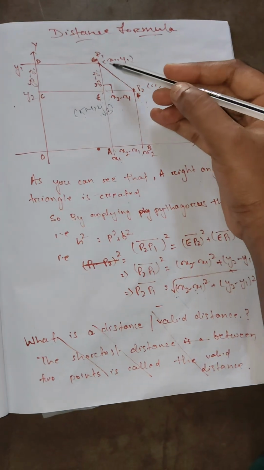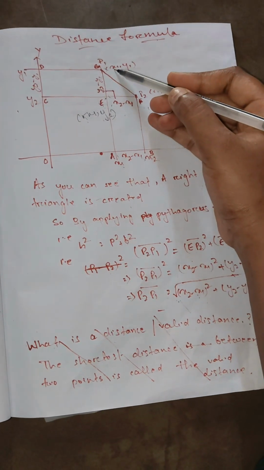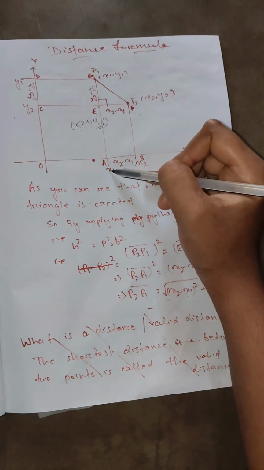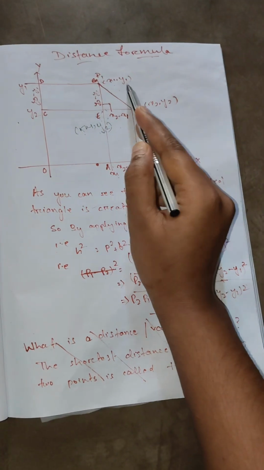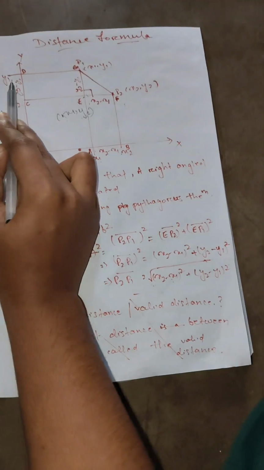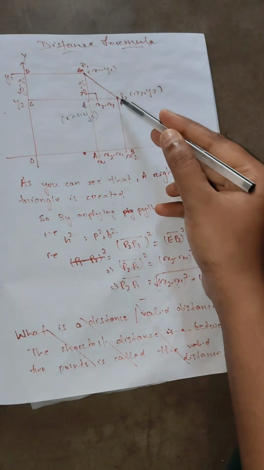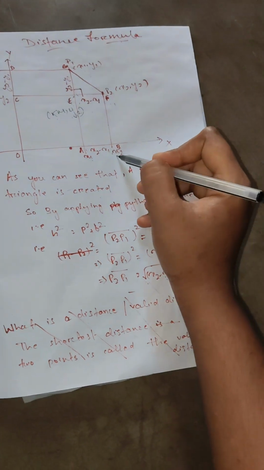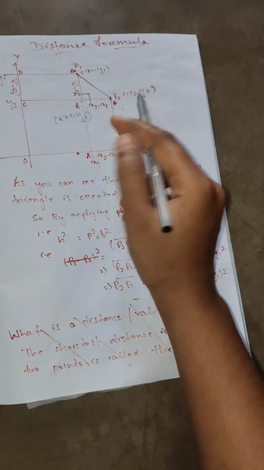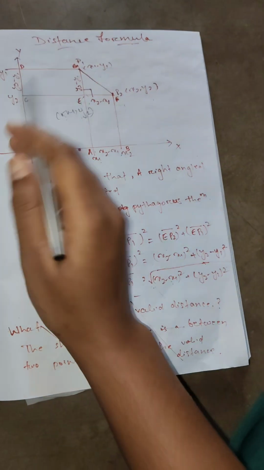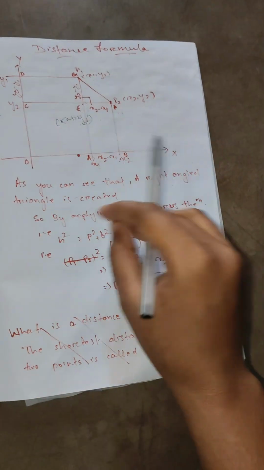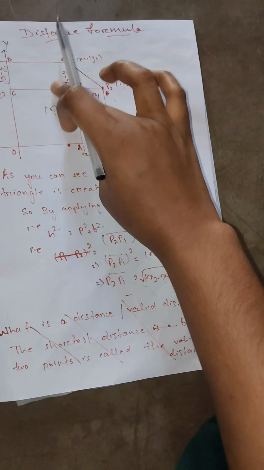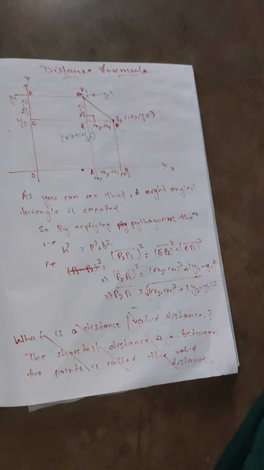That is, I am drawing a line perpendicular from the x1 coordinate to the x-axis, similarly perpendicular from the y1 coordinate to the y-axis, and perpendicular from the x2 coordinate to the x-axis and from the y2 coordinate to the y-axis. On drawing this, I can get a right angle triangle in the common region of the diagram.